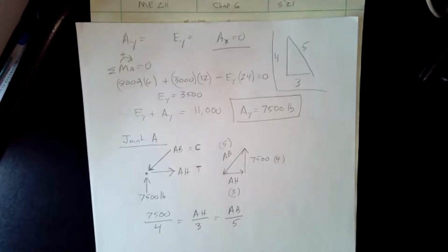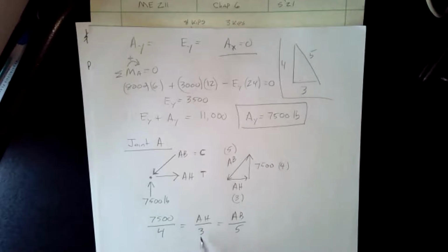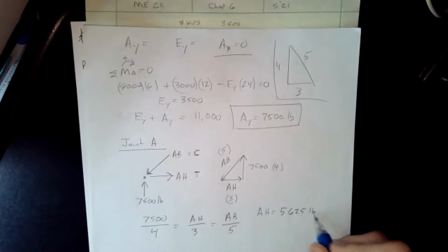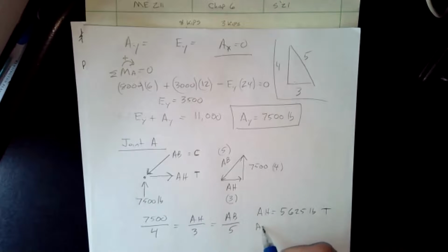Then it's just a matter of multiplying: that times 3 gives you AH, or that times 5 gives you AB. So we get AH equals 5,625 pounds, and we know it's in tension. And AB is 9,375 pounds, and that's in compression.